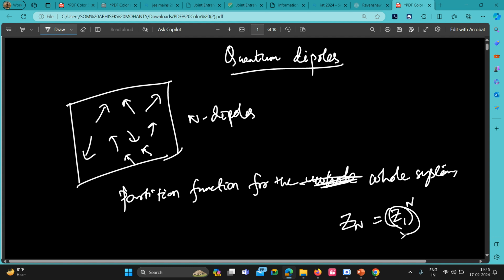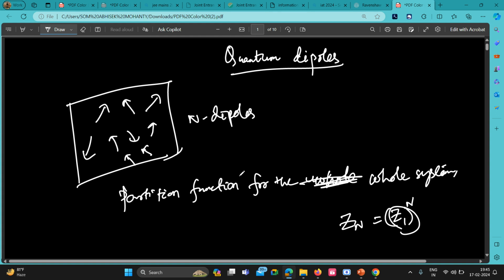Again we have to focus on z1, because z1 is for a single dipole, and we have to find it for n dipoles. For that we need to first calculate for a single dipole, that is z1.